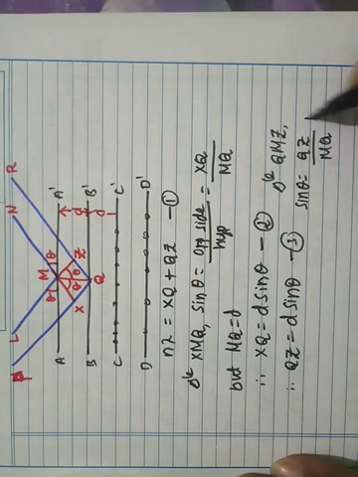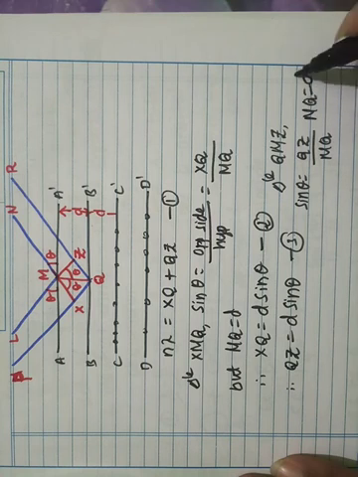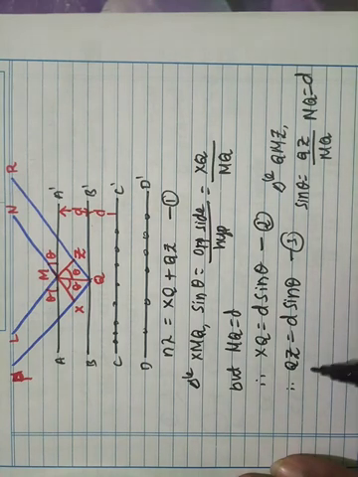But we know that MQ is equal to d. Therefore QZ is equal to d sin theta.